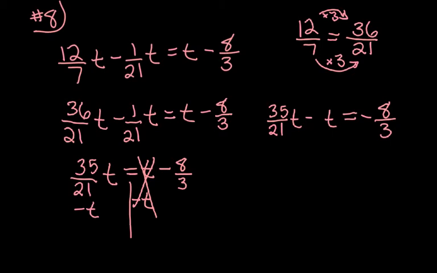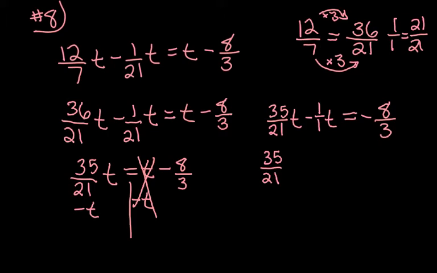Now, right now, it's 1/1t, or just 1t. If there's no coefficient, I can assume that there's a coefficient of 1. But again, I need a common denominator, so I'm going to change 1/1 to 21/21 by doing times 21 on top and bottom.